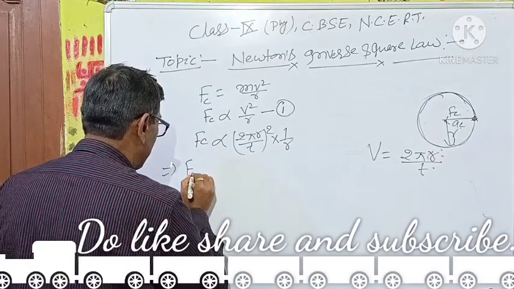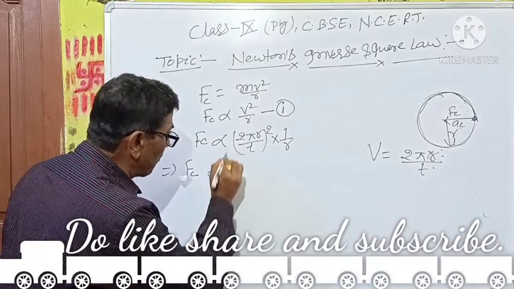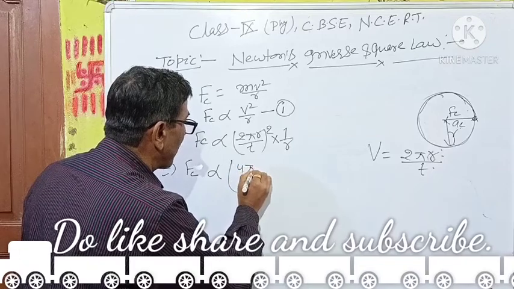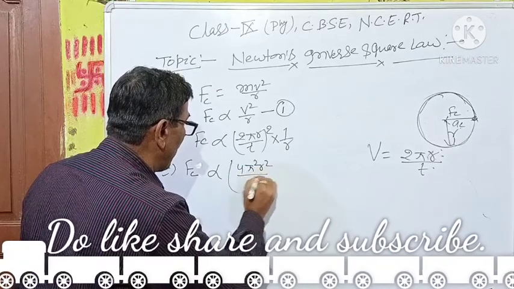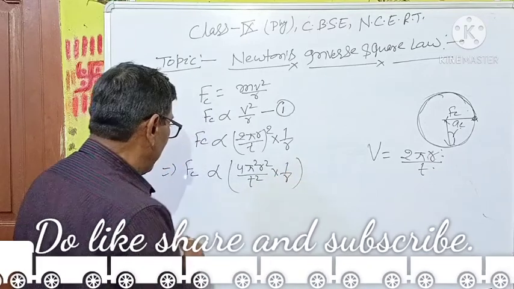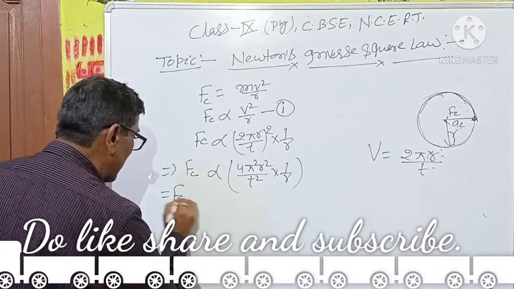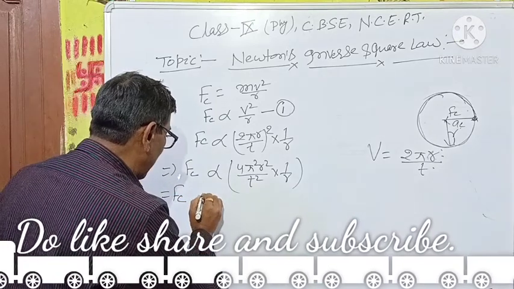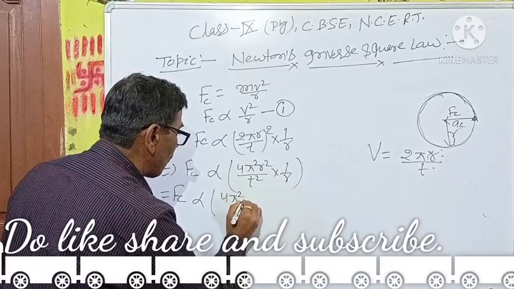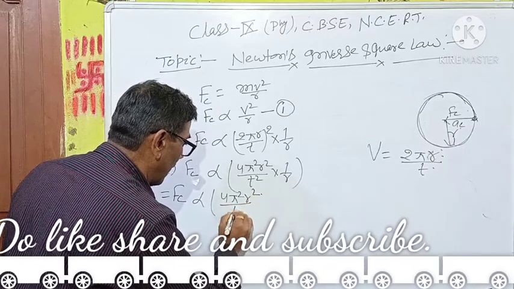Therefore, centripetal force Fc is directly proportional to 4 pi squared r squared by T squared into 1 by r.